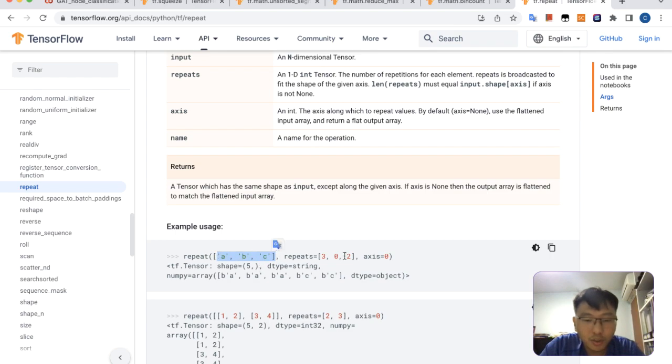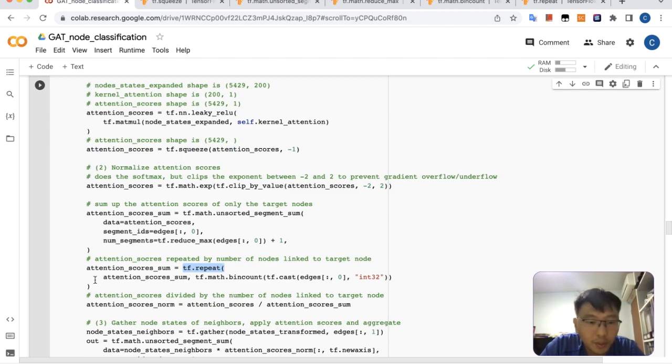So this is the initial one, and then you have the number of repeats at the bottom. So tf.repeat is my initial sum for the attention scores, and then repeated by the number of nodes that are linked. And then what we do is we take the total attention score and divide it by this.